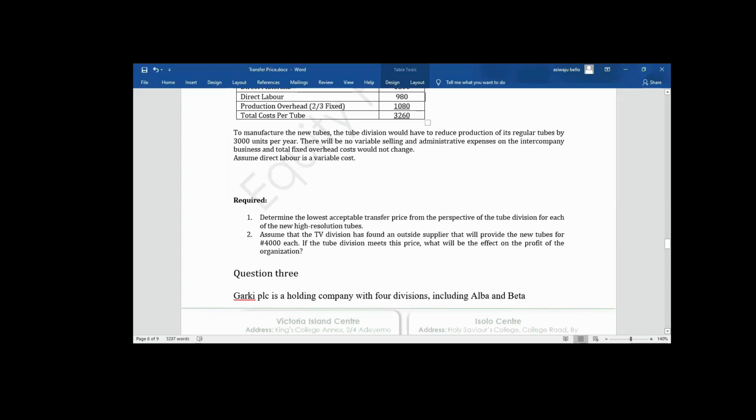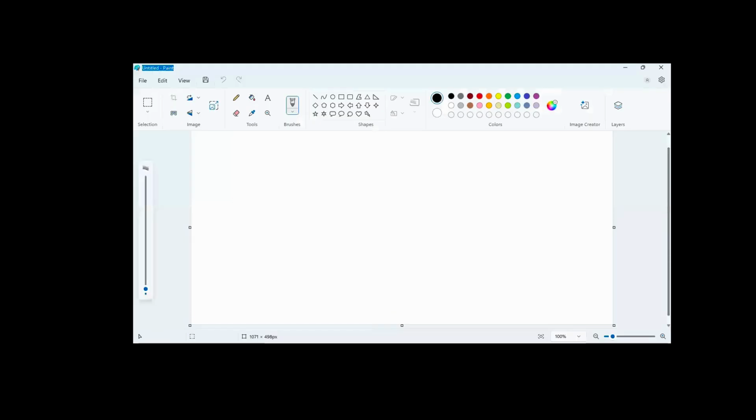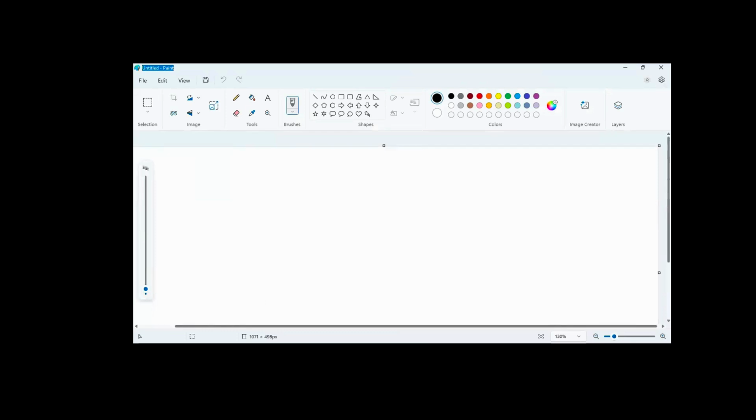Let's look at this. Assuming we are able to internalize, we should be able to get the answer immediately. Requirement 2. Minimum transfer price is equal to 4,700.